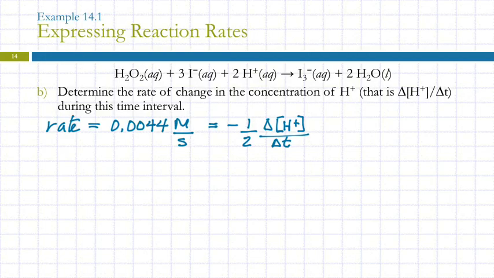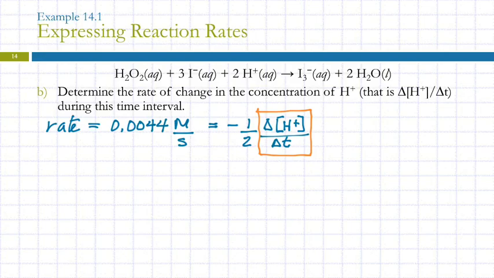This piece right here is what we're trying to find, right? We're trying to find delta H plus over delta t. So we've got the rate is 0.0044 molarity per second, and that is equal to minus 1/2 times this thing that we want. So we'll do a little algebra.